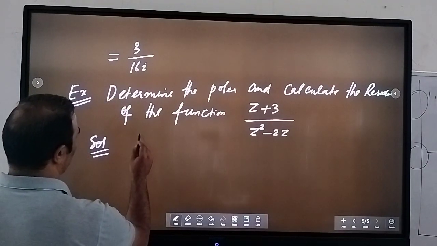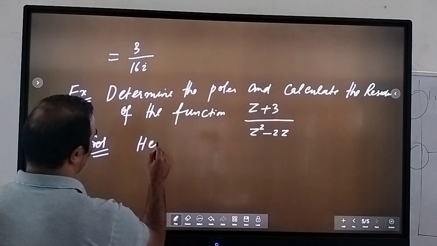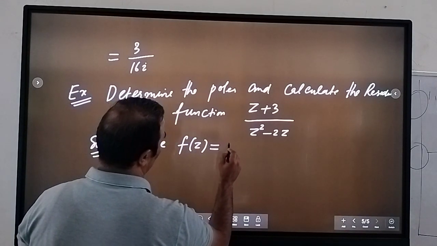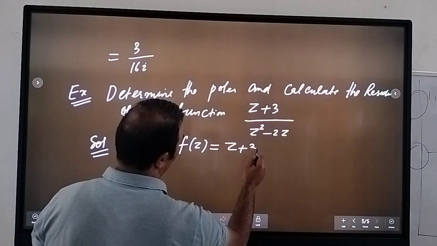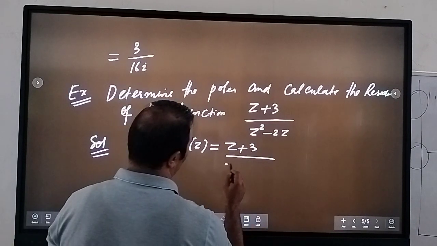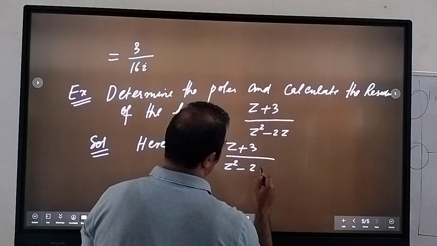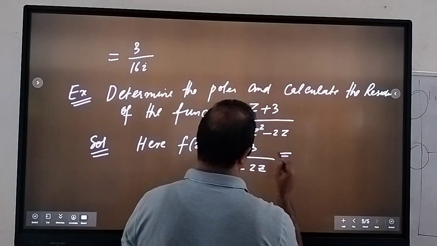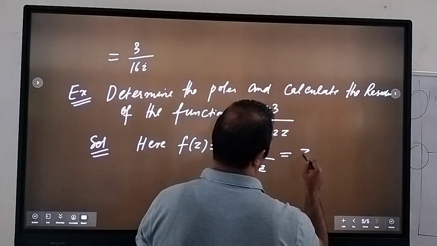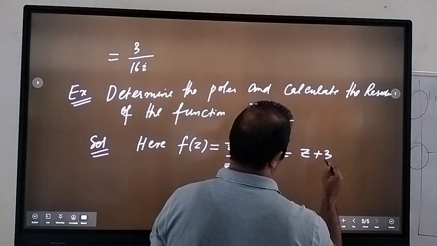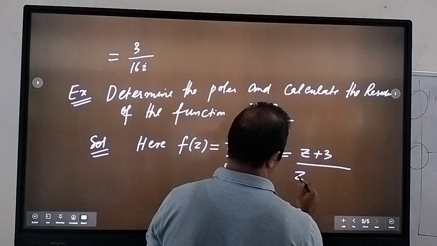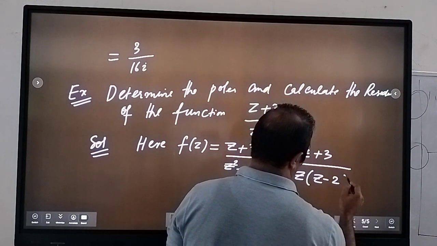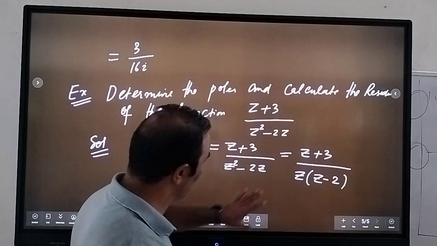So first, because our function is, we can write that f of z equal to z into z minus 2, because I can rewrite this way.